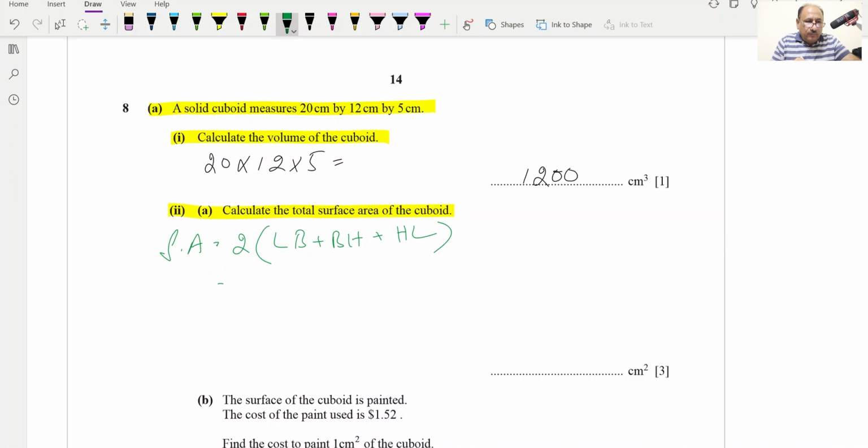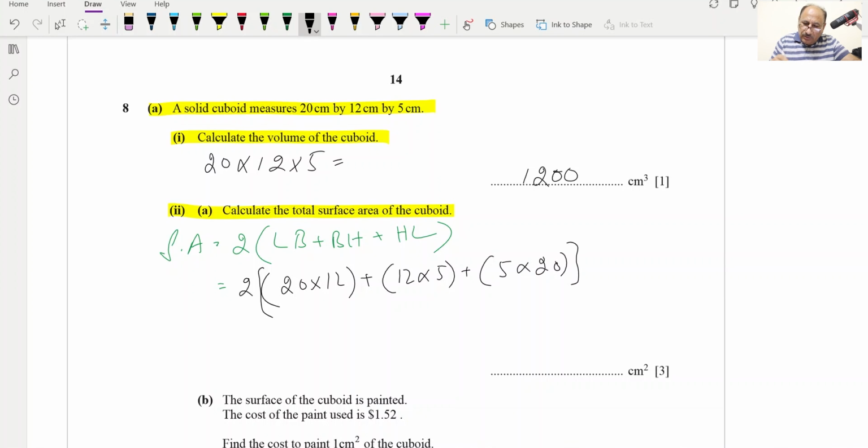So we will be utilizing this formula: 2 into (length 20 into 12), we can put one more bracket over here, plus next will be 12 into 5, plus next will be 5 into 20, and bracket close.